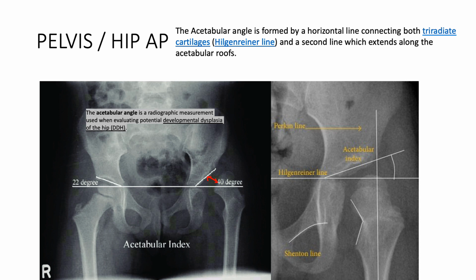If you have suspicion of developmental dysplasia of the hip, you may have an angle of more than 40 degrees, and you may see that the femoral head is not very close to the acetabulum, and there is widening of the hip joint.